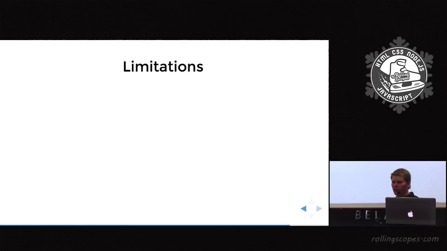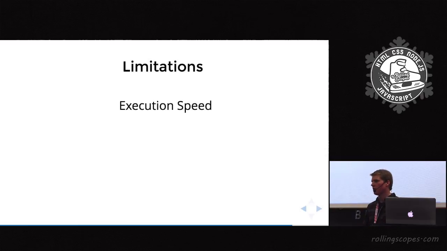This kind of dynamic analysis has a few limitations. The first one is execution speed. The fact that you have instrumentation means you're running more code, and especially operations like we saw earlier with capturing a call stack as a string, that's quite expensive because JavaScript engines really aren't optimized for doing that 10,000 times.